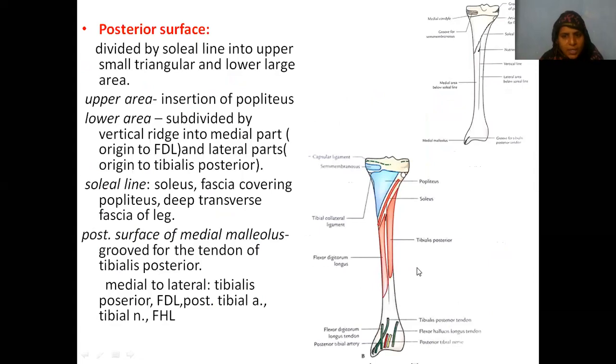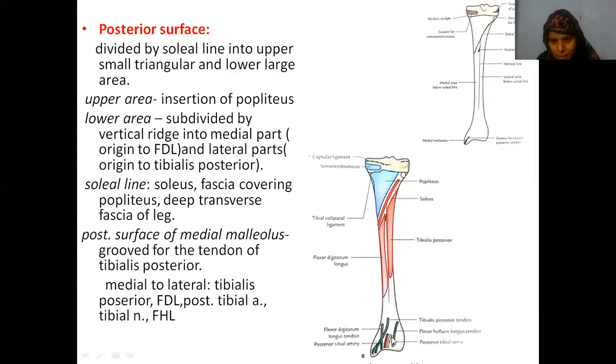One more important thing you should remember in the posterior surface, beta. In the posterior surface, just now I told you about the tendons passing, tibialis posterior and also flexor digitorum longus. Apart from that, we also find posterior tibial artery, posterior tibial nerve, and the tendon of flexor hallucis longus. These are the structures which are passing on the posterior aspect of tibia.